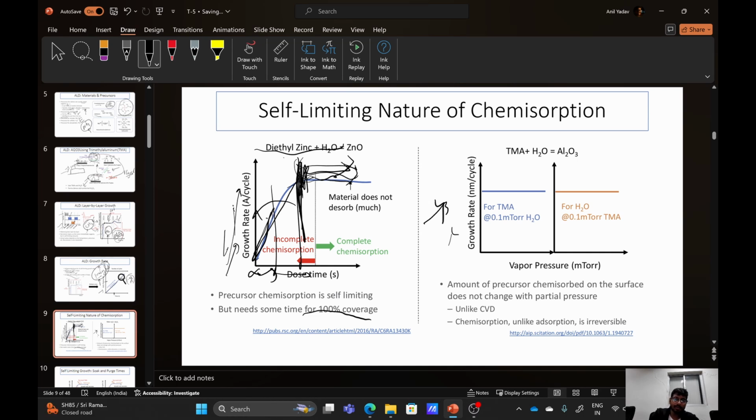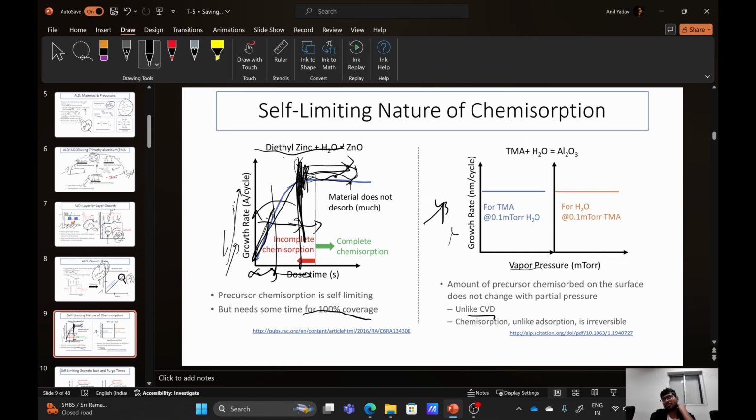It should not be too little, so that the time does not increase too much, and it should not be too high, because otherwise you will be wasting your material. The best part is that it is independent of the vapor pressure of the precursor, unlike CVD.